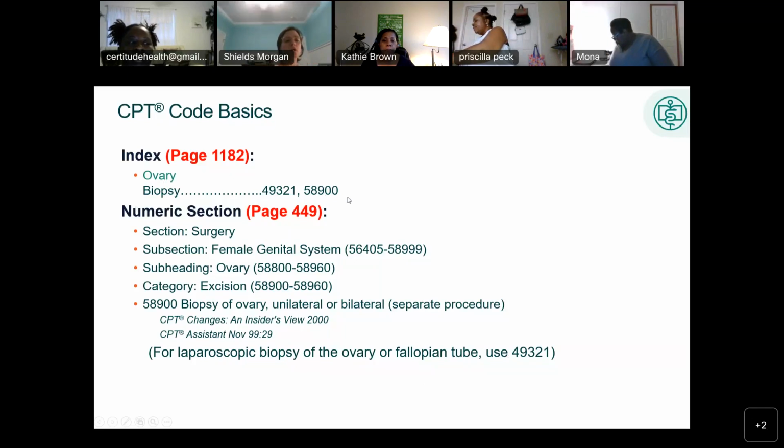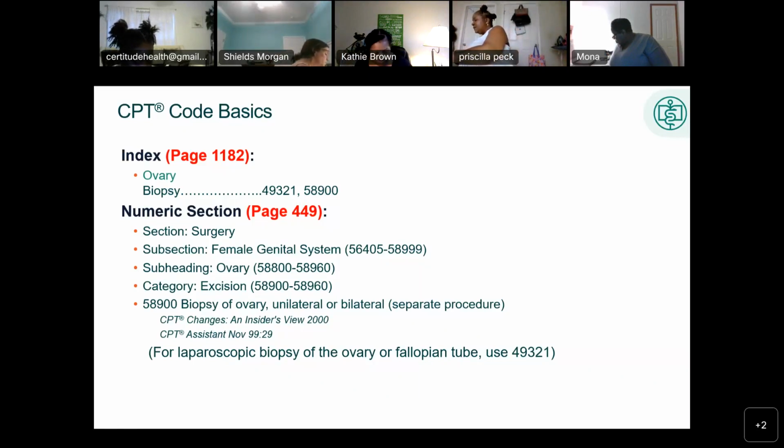So if we look at these, 49321 in its description says laparoscopy, surgical with biopsy, and 58900 says biopsy of ovary, unilateral or bilateral. Now, when we look at laparoscopy, does it tell us what is being biopsied there?